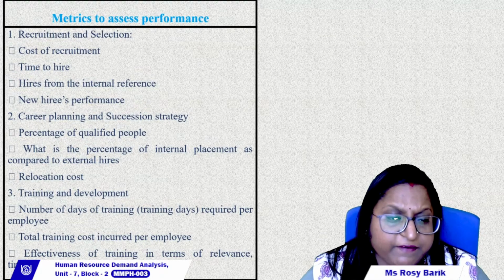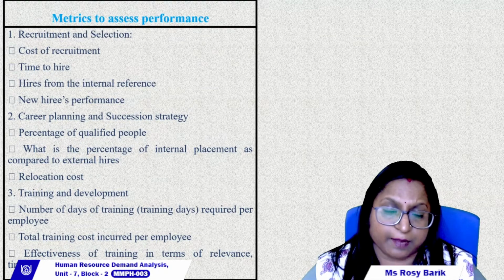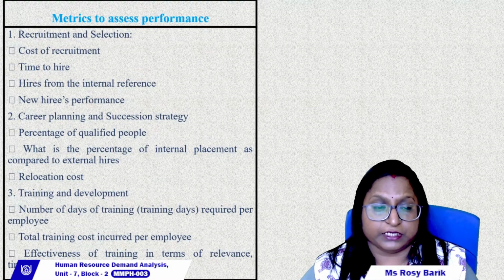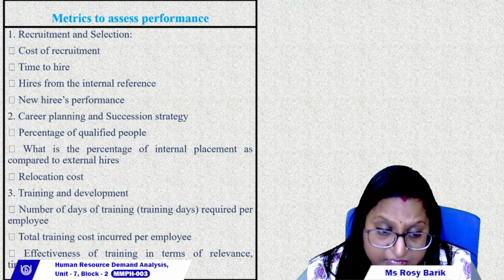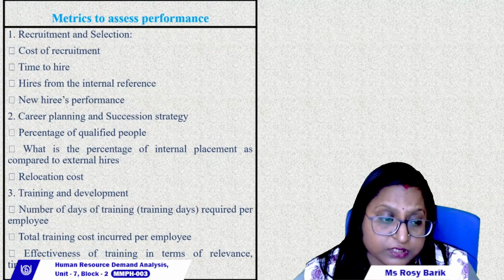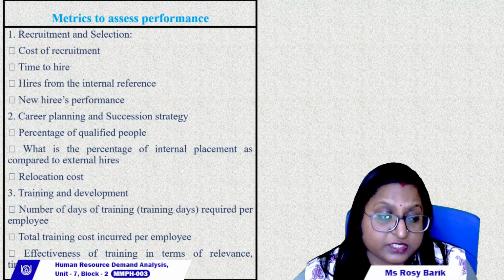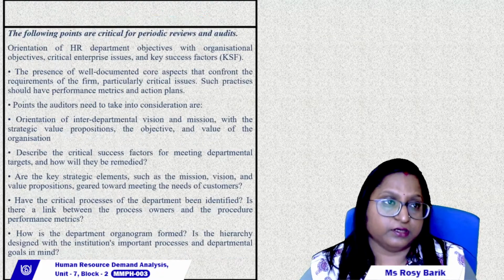Then the effectiveness of the training is in terms of relevance, timeliness, and applicability. So we can find out the training effectiveness, whether the training process is relevant to the person, it is not time consuming, and it is applicable in the organization.